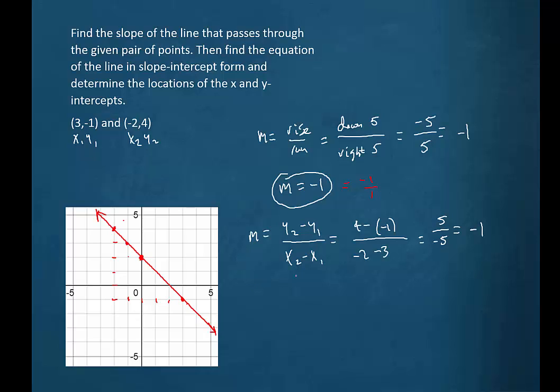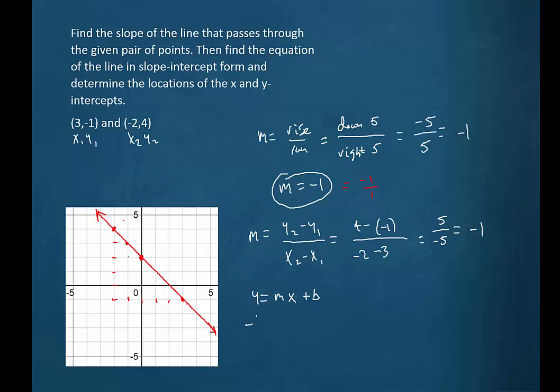So it looks like the equation of our line should probably be y equals -x plus 2. But let's go through the process of actually finding it and verify that. So here's our slope-intercept form, y equals mx plus b. We have this ordered pair 3, -1 that satisfies this equation when m is -1.